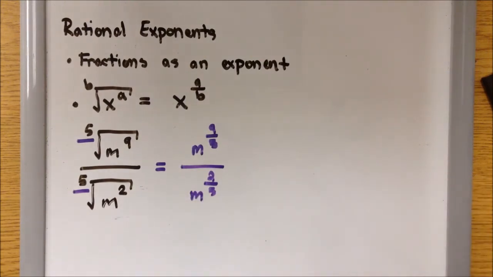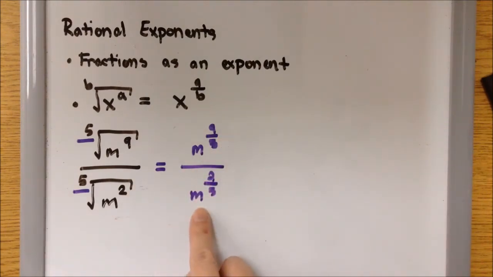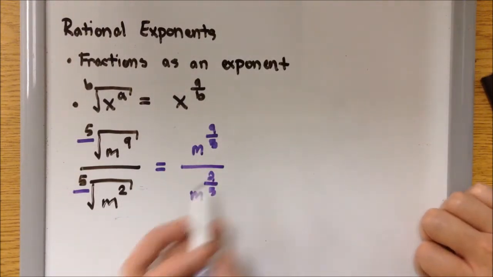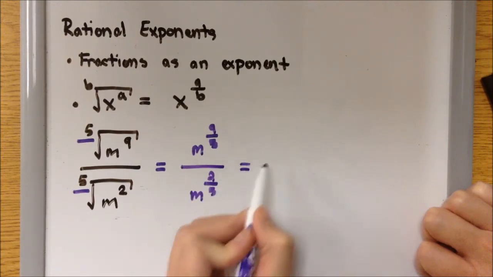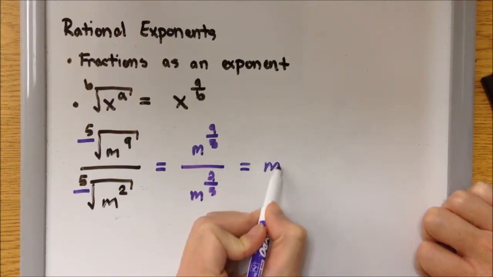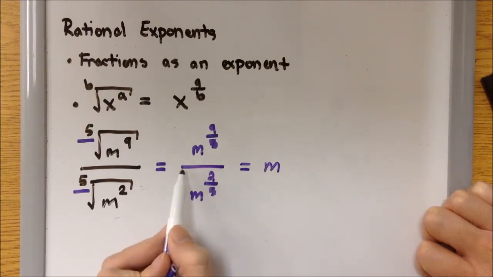So we have m to the power of 9 over 5 over m to the power of 2 over 5. So when you have a fraction, again, exponent laws, we're going to write m one time. Since it's a fraction, it's dividing.